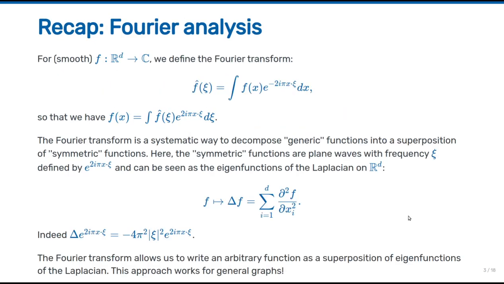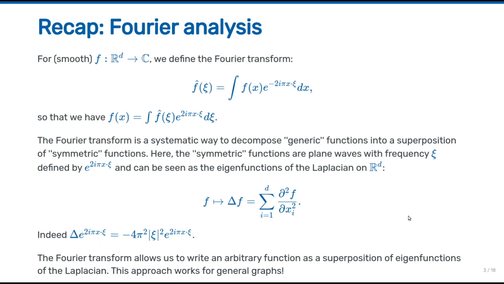So let's start with a very brief recap on standard Fourier analysis for smooth functions. So this is just to make the analogy with the graph. If you are not familiar with Fourier analysis, it's completely fine.